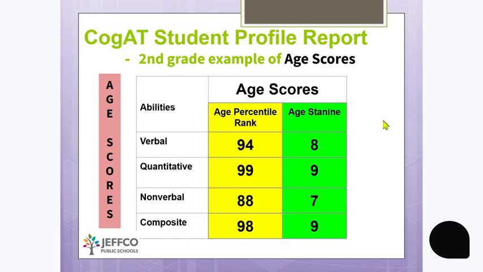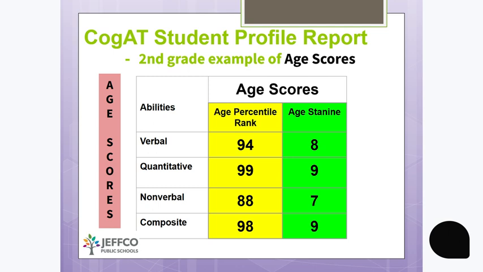So when we look at this on your student profile report, you have 2 different sections. You have an age score for your student, and this score is very accurate to your student's age. Second graders tend to be 8 years old, so they're going to look at them in about 3-month chunks.